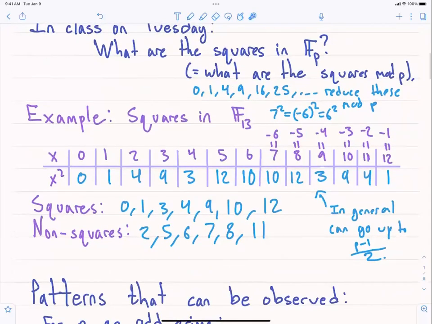Moreover, if I look at the non-zero squares and non-squares, I have the same number. I have 6 non-zero squares and 6 non-zero non-squares. Actually, there are always (p minus 1) over 2 non-zero squares, and (p minus 1) over 2 non-squares.